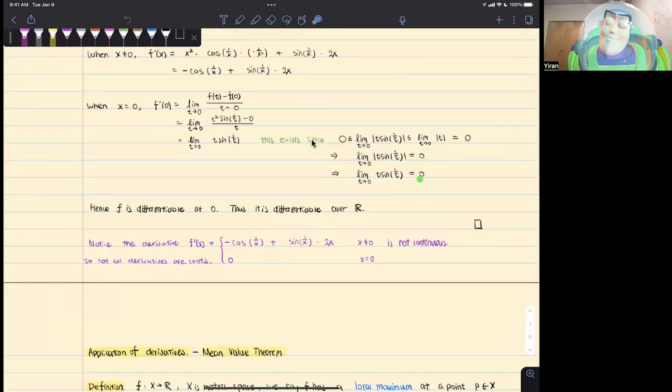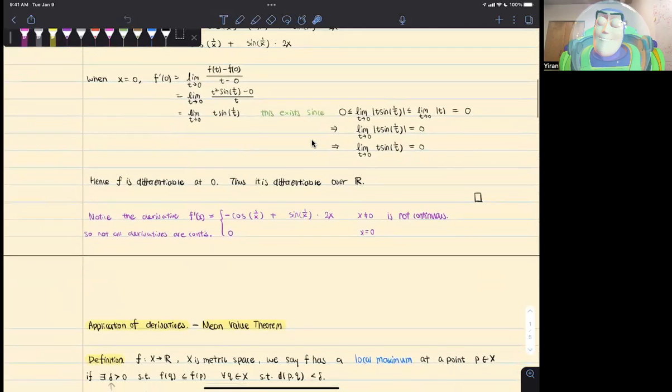Basically, what I used here is that if the limit of the absolute value of some expression is equal to 0, then the limit of that expression itself is equal to 0.